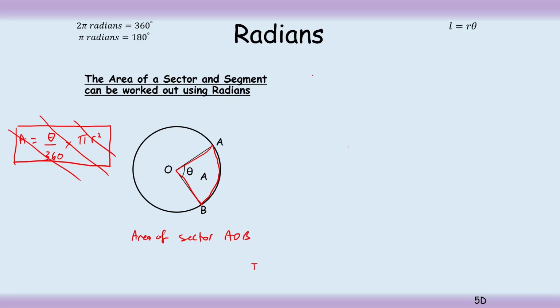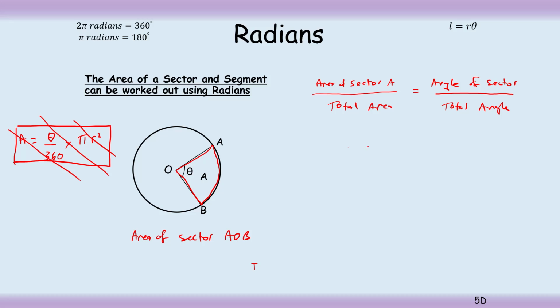So to use radians, we're going to look at the ratio of the area of the sector, sector A, as a part of the total area. That's going to be equal to the ratio of the angle of the sector, which is going to be theta, divided by the total angle.